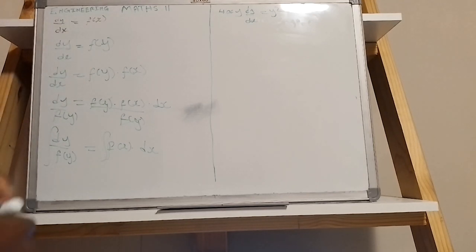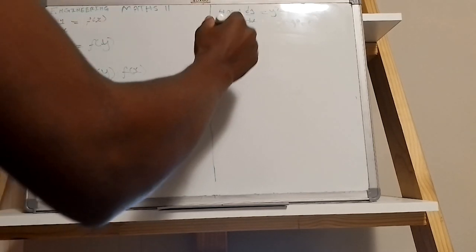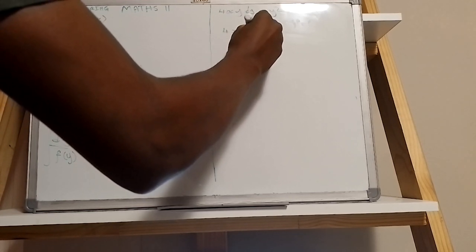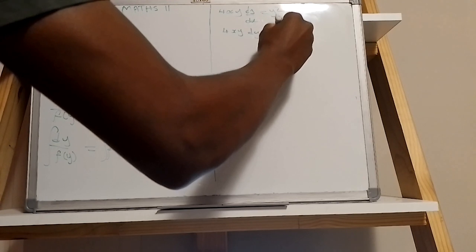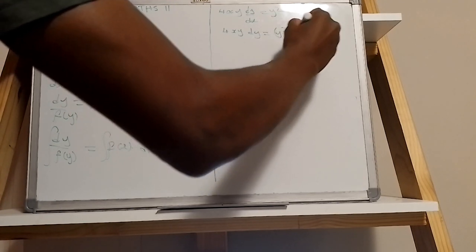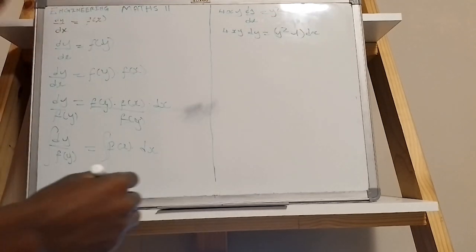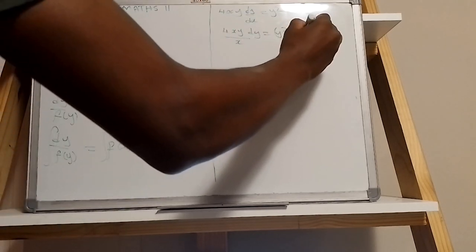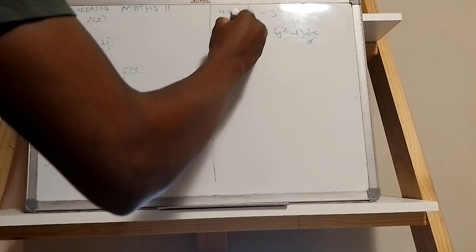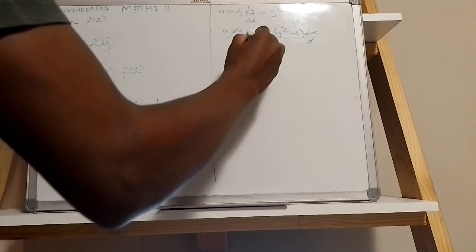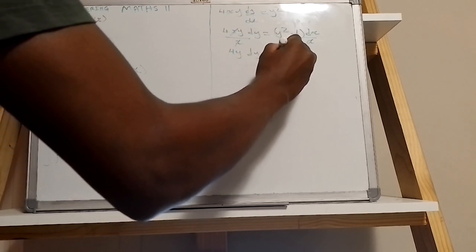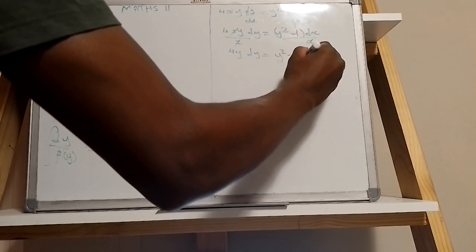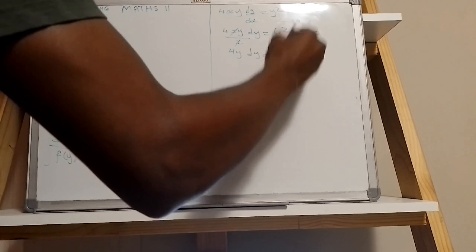The first thing is to cross multiply, and you'll have 4xy dy is equal to y squared minus 1, all multiplied by dx. Then I want to remove this x, so I divide by x, and this gives me 4y dy is equal to y squared minus 1 dx over x.